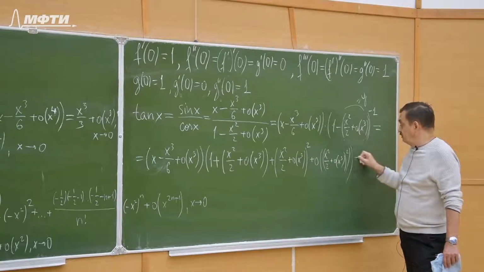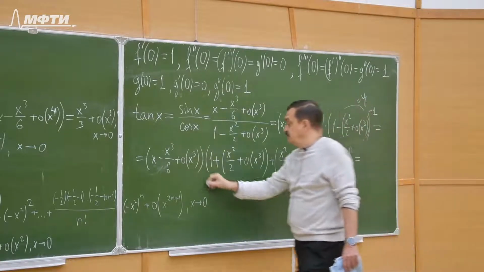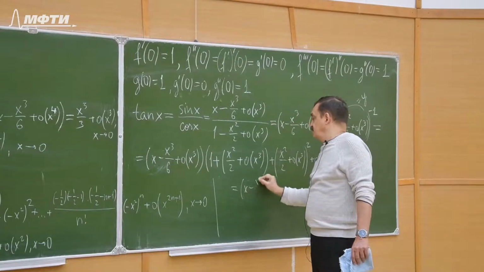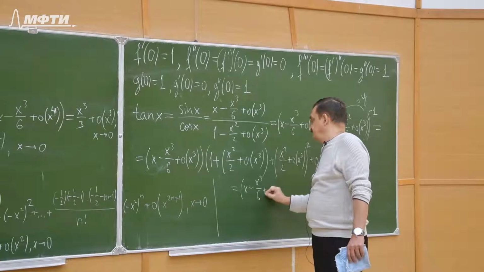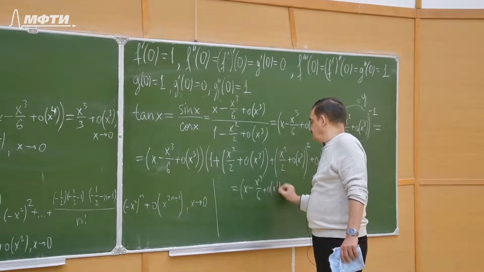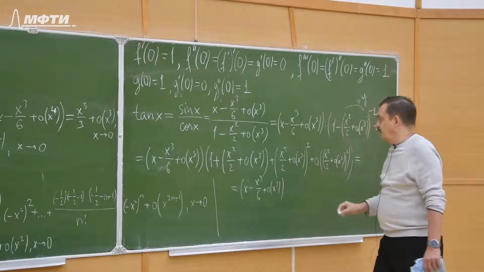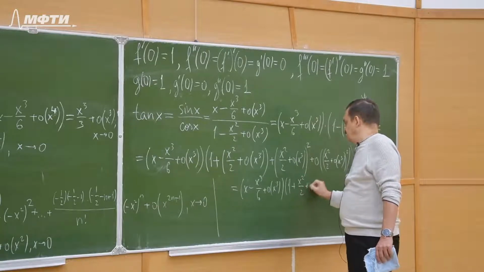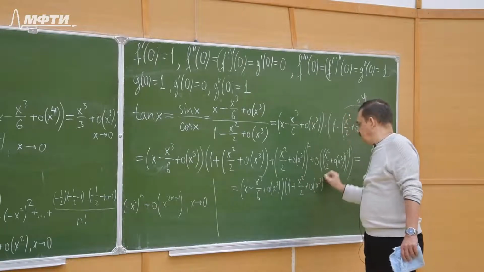So what remains, we can rewrite it as x minus x cubed over 6 plus little o of x cubed times 1 plus x squared over 2 plus little o of x cubed.